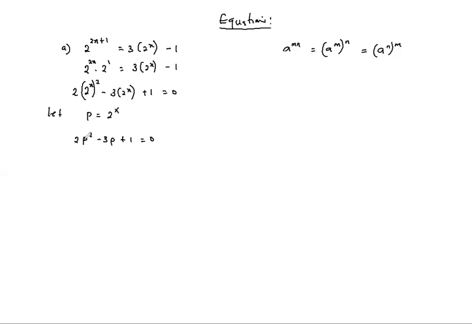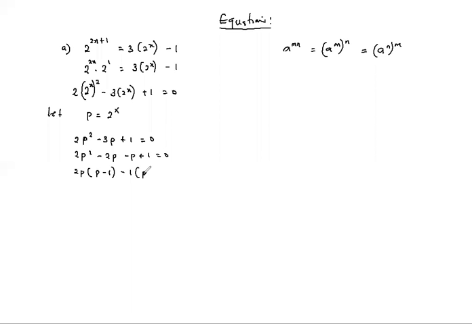Okay. Then I have the factor 2, product is 2, then the factors will be 2 and 1, but they must all be negatives. So I have 2p squared minus 2p minus p plus 1 is 0. Then we factor out 2p, we remain with p minus 1.